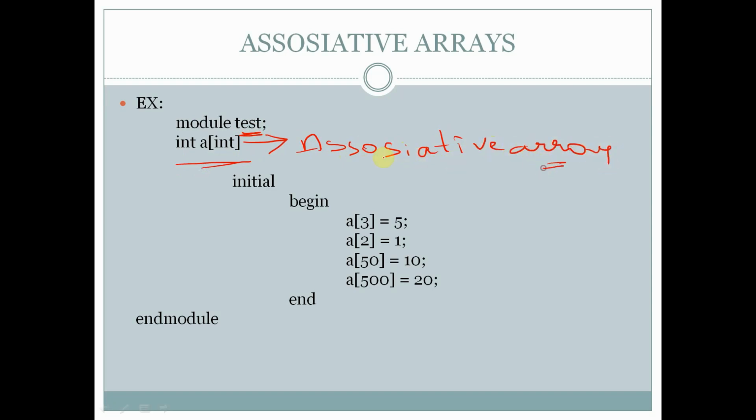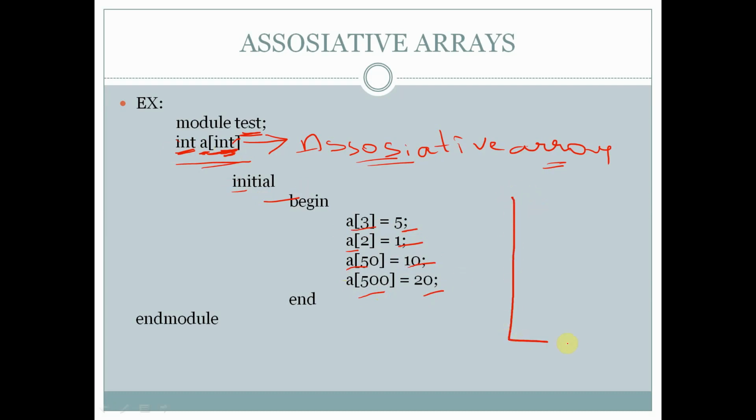In previous slides, we discussed that the index of the array can be of any type. Here we have taken int type, a is the name of the associative array and int is the data type of the array. In the initial begin, we have declared a of 3 equal to 5, a of 2 equal to 1, a of 50 equal to 10 and a of 500 equal to 20.